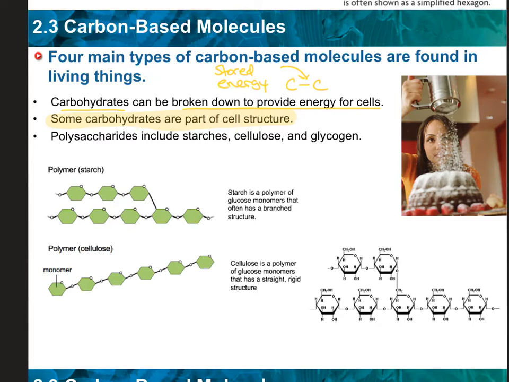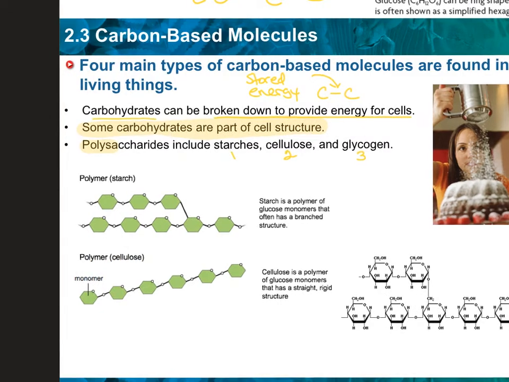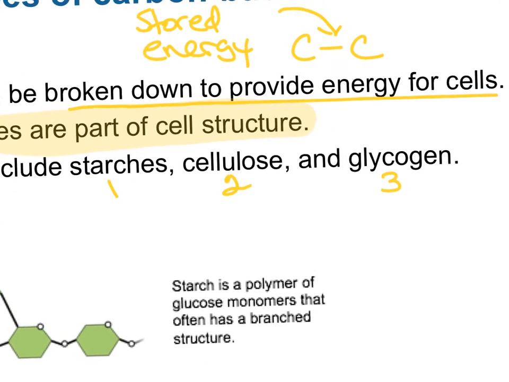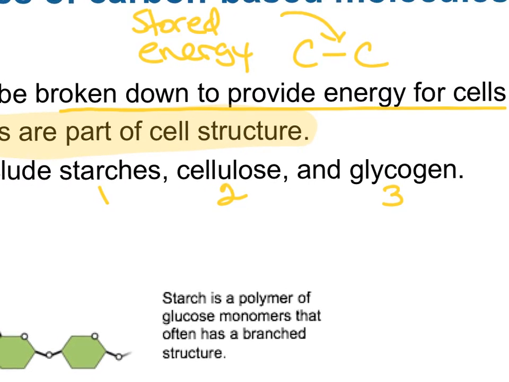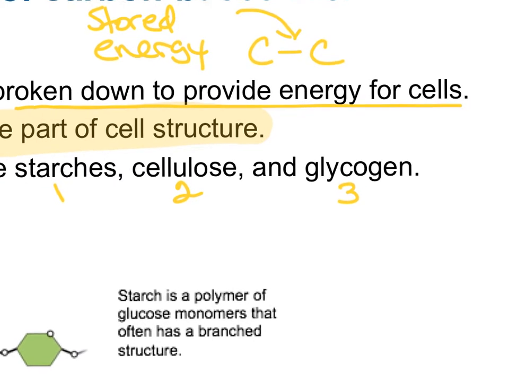Now, as I mentioned before, we can have monosaccharides or polysaccharides. There are 3 examples of polysaccharides that you should be familiar with: starches, cellulose, and glycogen. Now, there's something really interesting about these 3. All 3 of them are polysaccharides, but all 3 of them are made of glucose monomers.